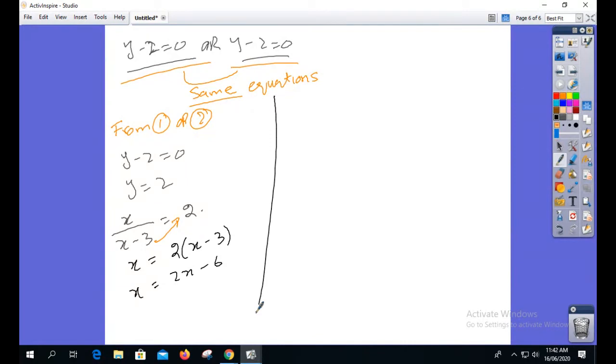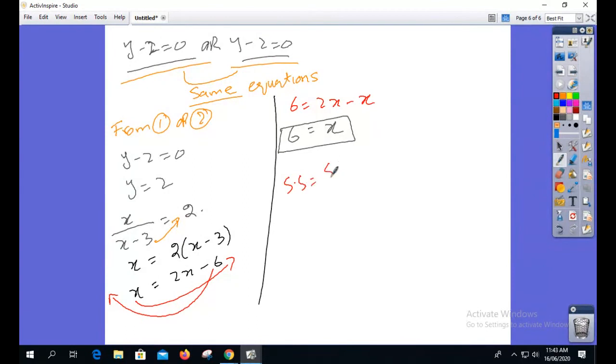Now, we shift x from here to here and 6 from here to here. So we have, after shifting, 6 equals to 2x minus x. And then we have x equals to 6. So solution set is 6. This is your solution.